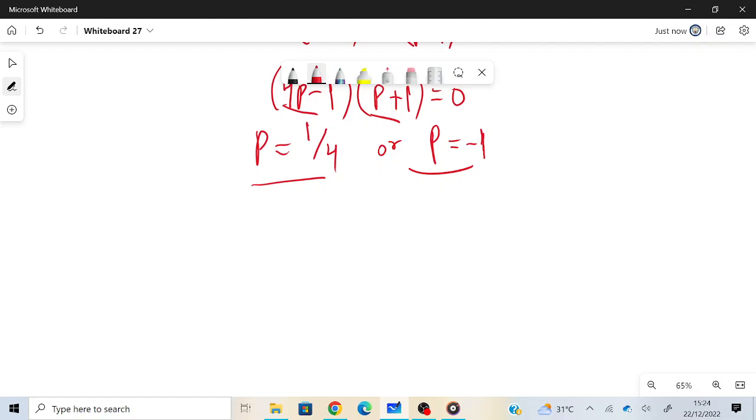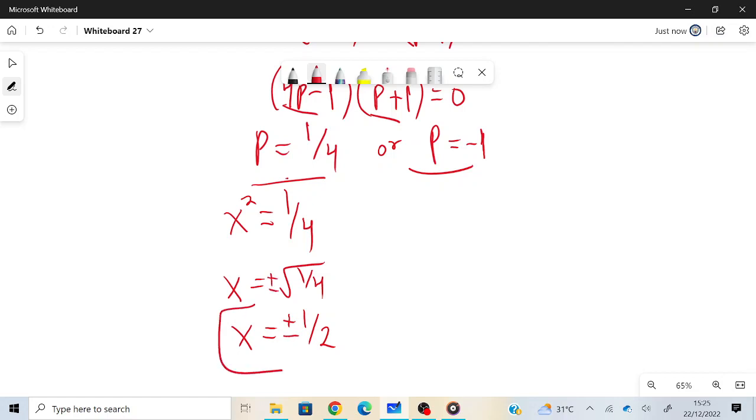So for the first one, we would have x squared equals 1 over 4. x would be the square root of 1 over 4, and that is plus or minus 1 over 2, because it is a root. So that's two answers in a way, positive 1 over 2 and minus 1 over 2.